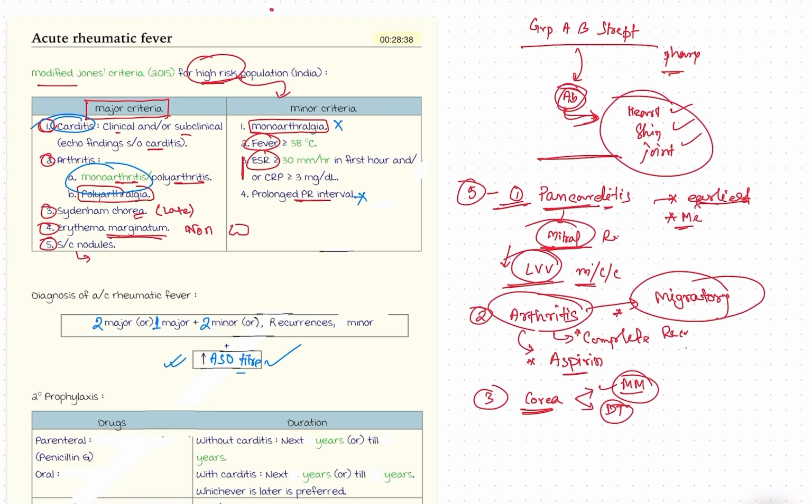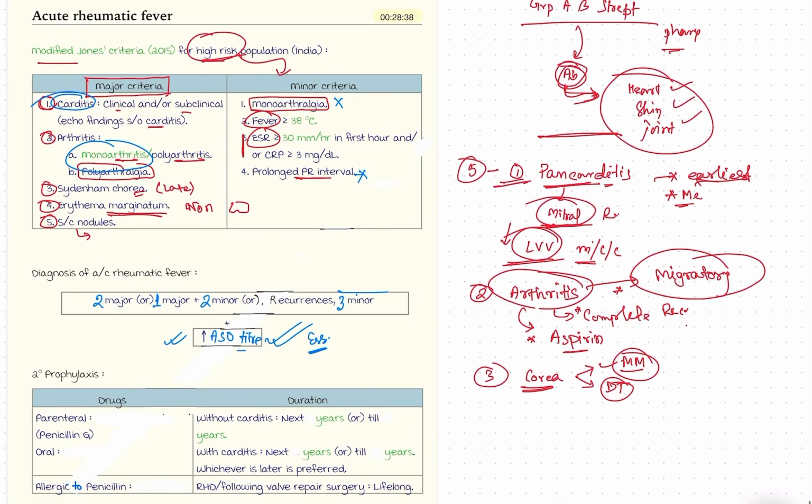For recurrence cases, the presence of three minor criteria will make the diagnosis also. But in each and every condition, this essential criterion, that is increased ASO titer, has to be present. Now how are we going to treat this patient?